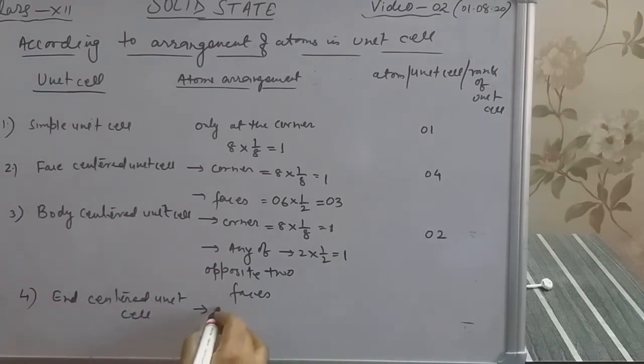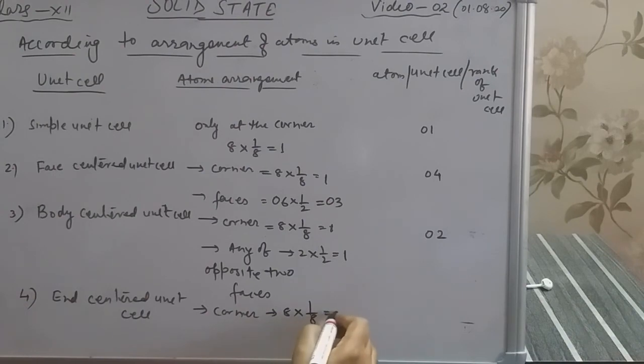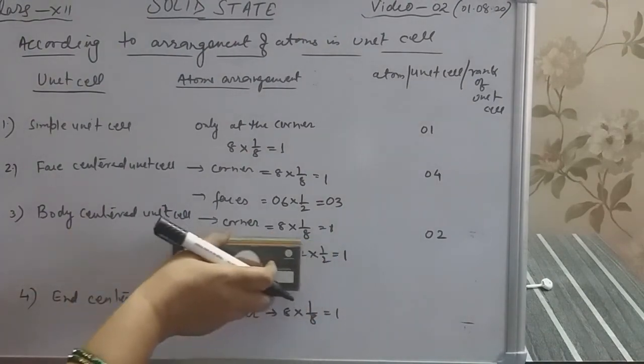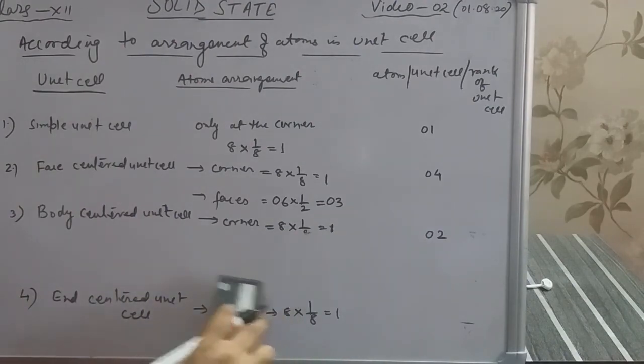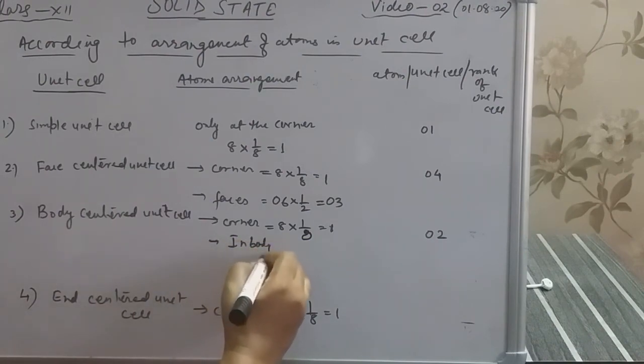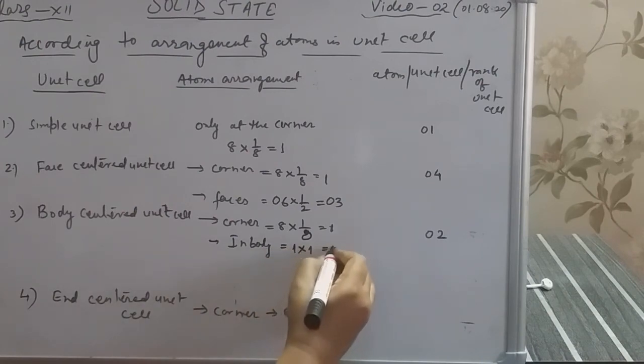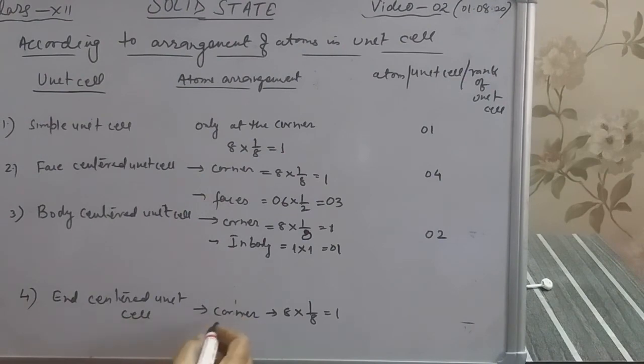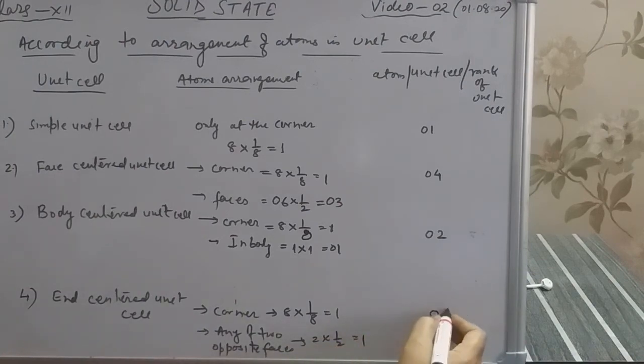End centered unit cell: corner 8 into 1 by 8 equals 1, and any two opposite faces, so it comes 2 into half, 1. So the total comes again to 2.